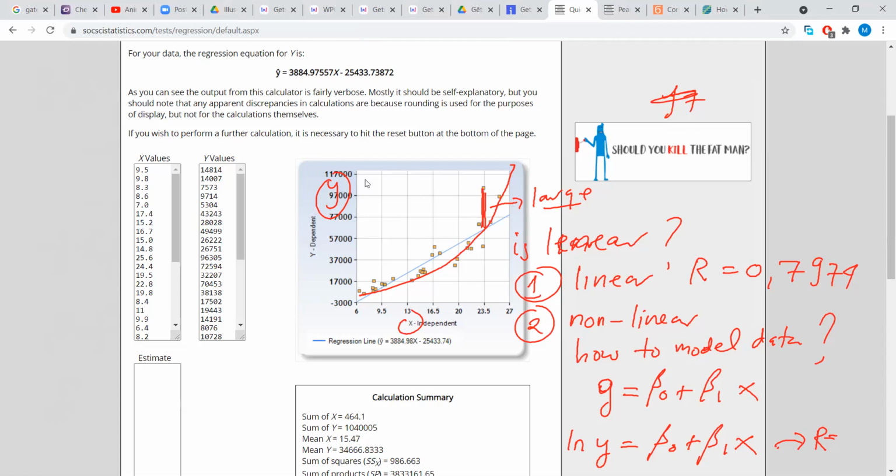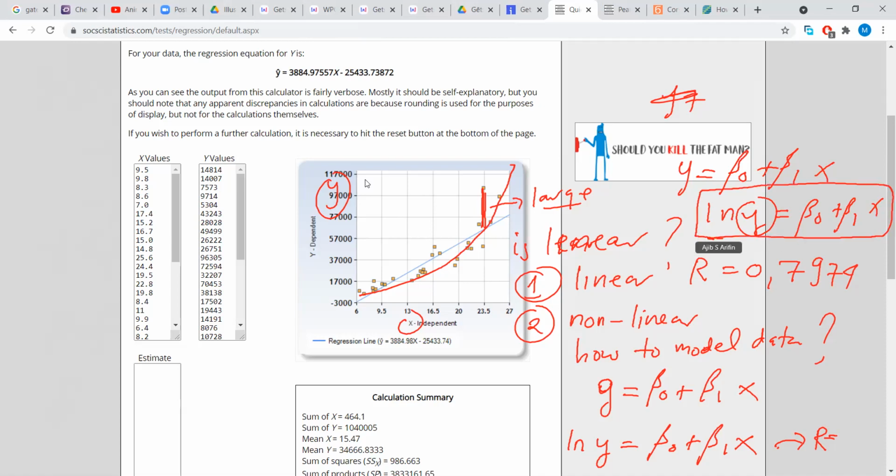So instead of y equal to b0 plus beta 1x, we can use a non-linear model, maybe like learn y equal to beta 0 plus beta 1x. Actually, learn y by this equation is no more linear, right?